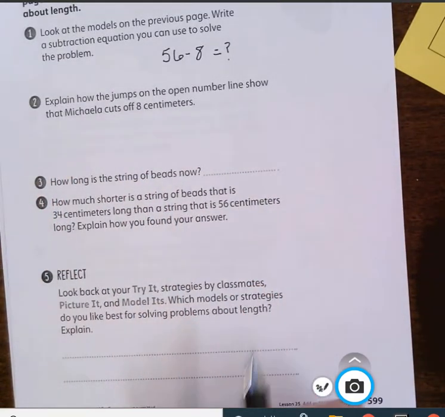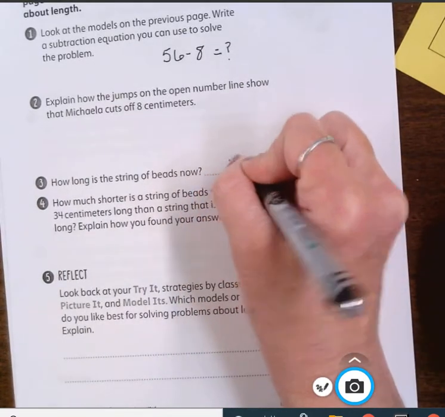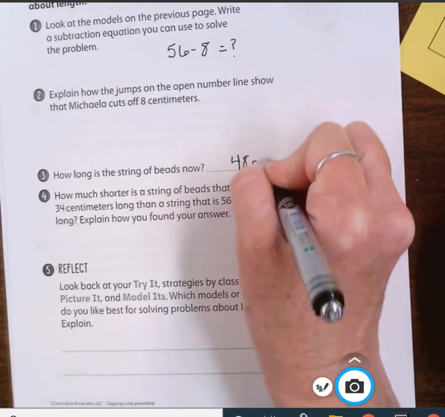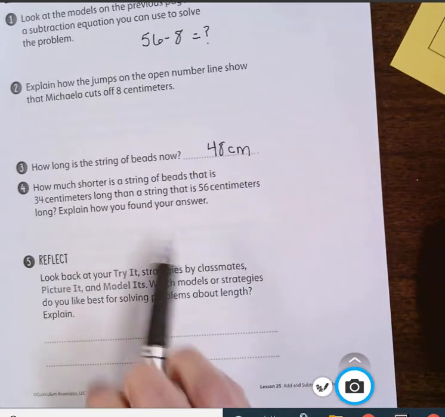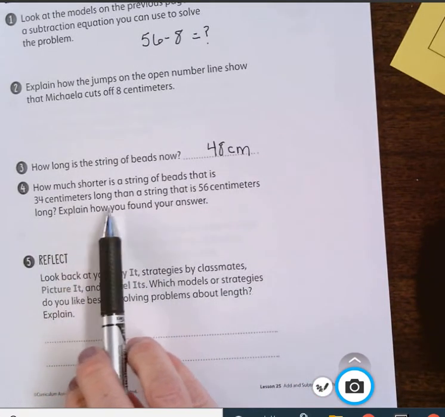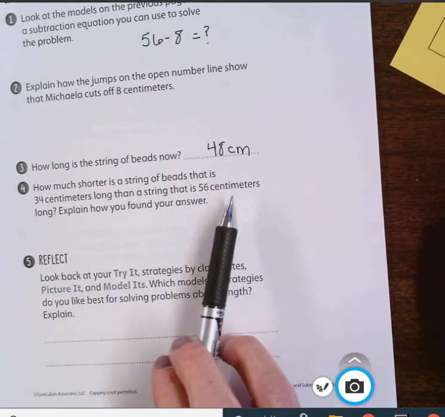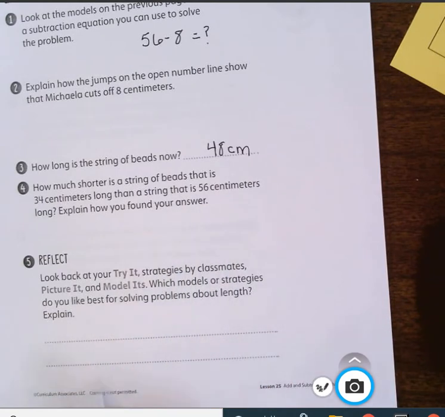How long is this string of beads now? 48 centimeters. How much shorter is a string of beads that is 34 centimeters long than a string that is 56 centimeters long? Explain how you find your answers.